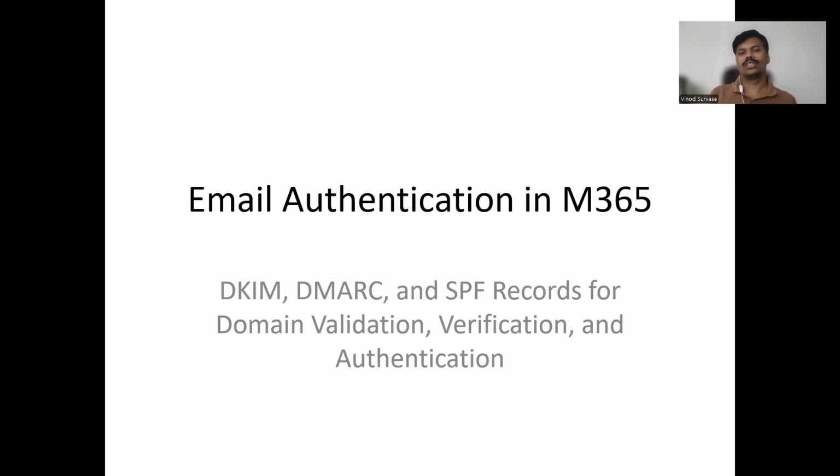These are the different methods that we can set up with a Microsoft 365 tenant, and they would be utilized to make sure the domain is validated, verification is completed, and then the authentication, so that emails which are going out and coming into the environment are authenticated appropriately and are safe and secure. So let's go ahead and start with it.